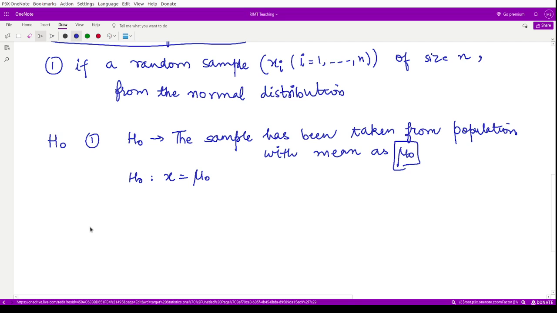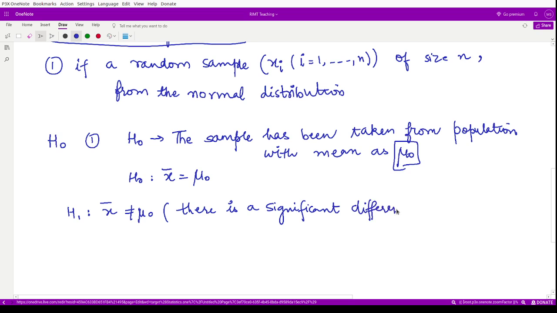And what would be the alternative hypothesis? So alternative hypothesis would say that this x bar, the sample mean, is not equal to mu naught. So here we would say that there is a significant difference between the sample mean and population mean.